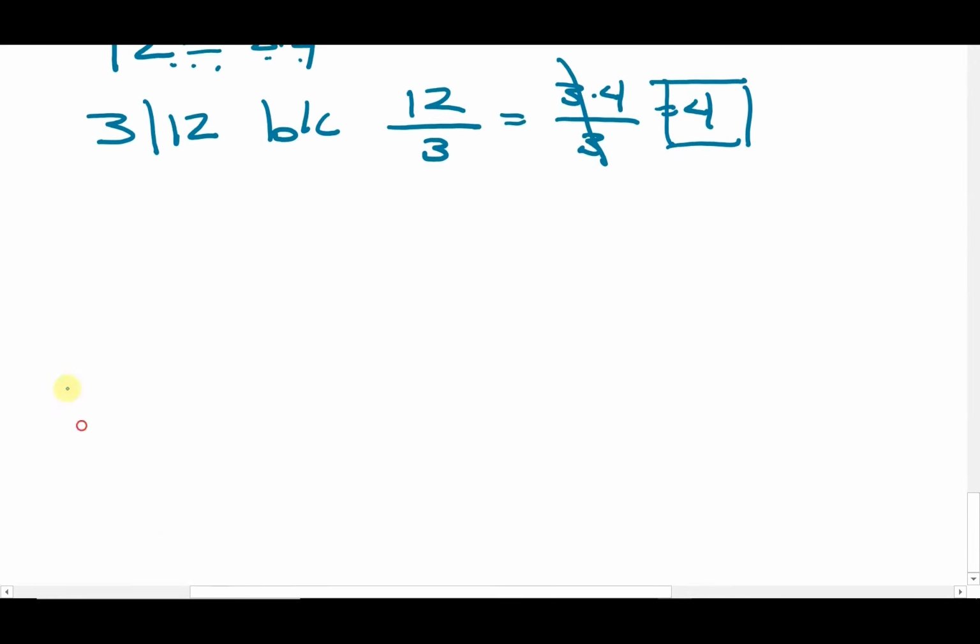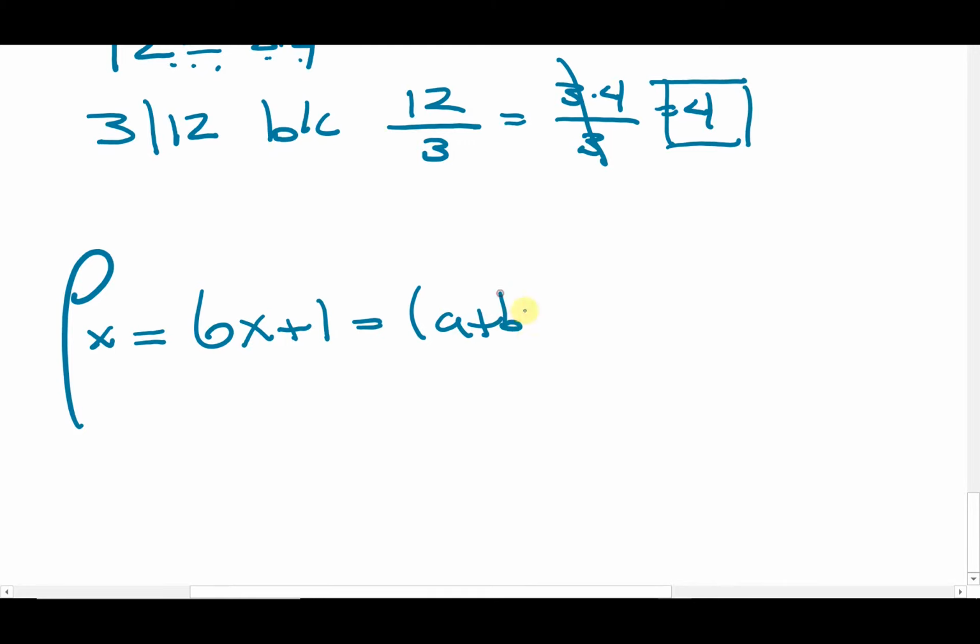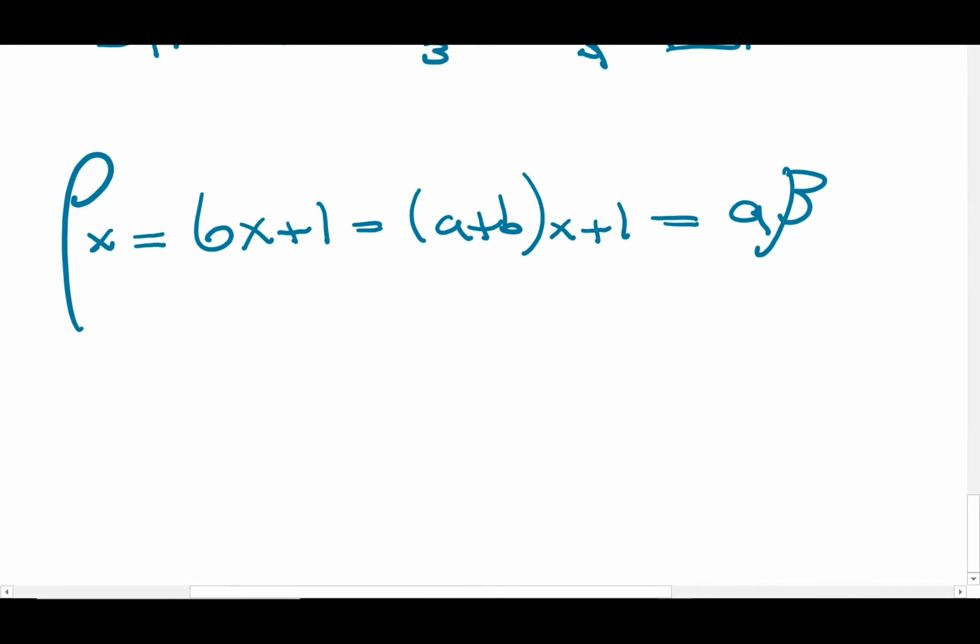So now we know that p of x is 6x plus 1. We know now that it equals a plus b times x plus 1, which we know is equal to a beta. And we know that this is ax plus bx plus 1, so I just used the distributive property.